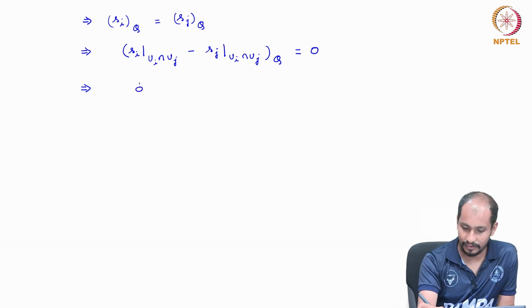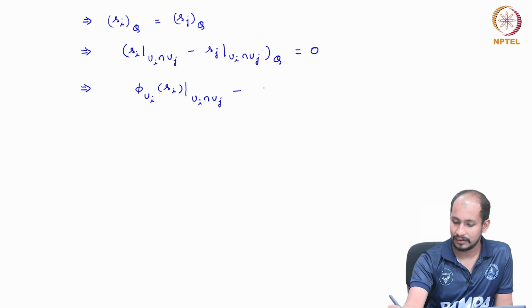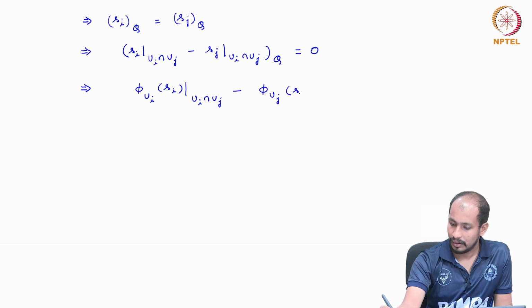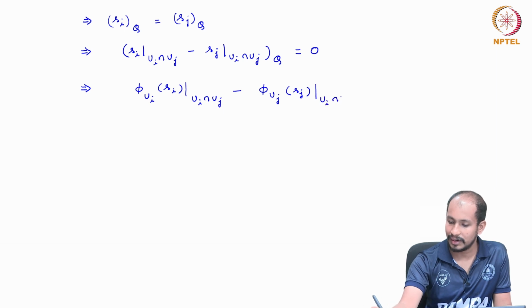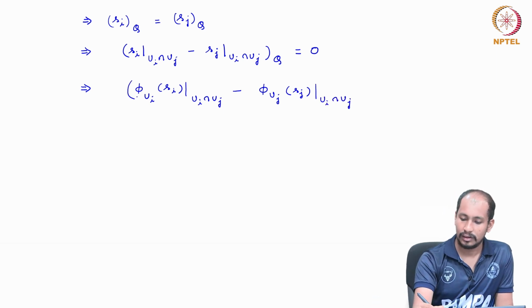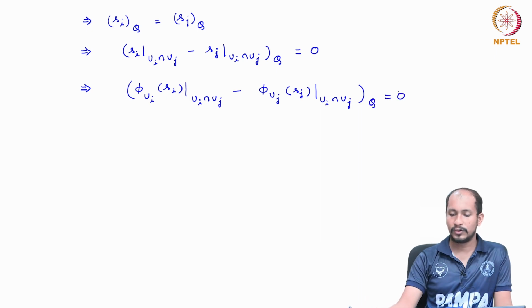So, it says that phi ui si restricted to ui intersection uj minus phi uj applied to sj, restricted to ui intersection uj, if I take its germ, then it will be equal to 0.